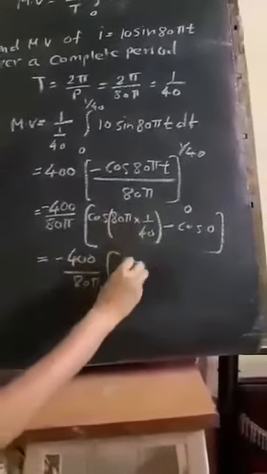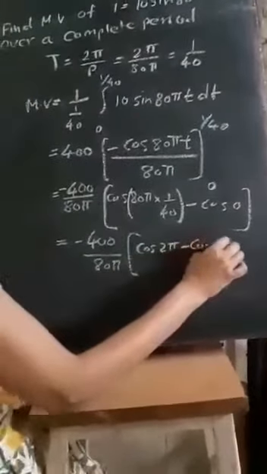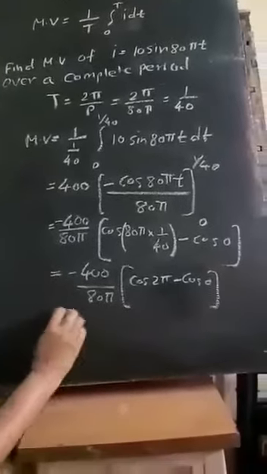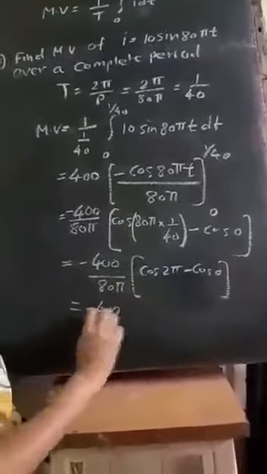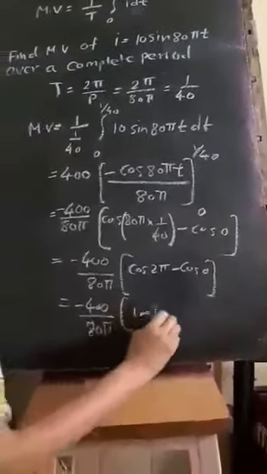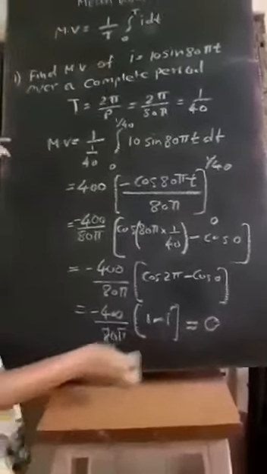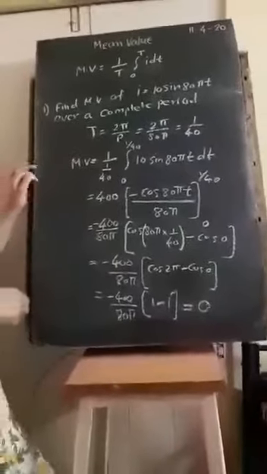What is cos 2 pi? Cos 2 pi answer is 1. Cos 0 answer is also 1. So it will be 1 minus 1, and then anything into 0, the answer will be 0.